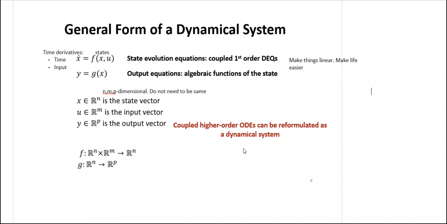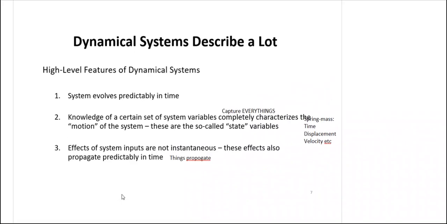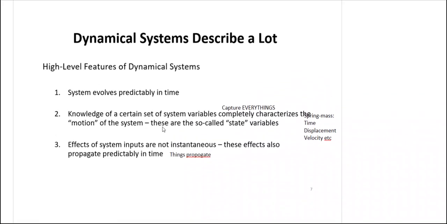Anyway, f maps R^n times R^m to R^n, and then the state vector in R^n turns into the output vector. Okay, great. So a dynamical system describes a lot.